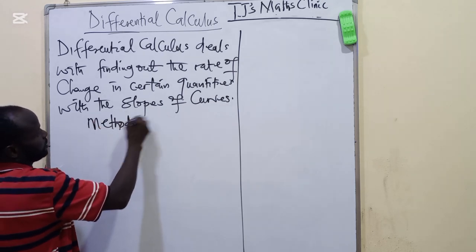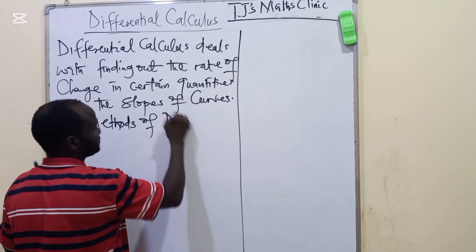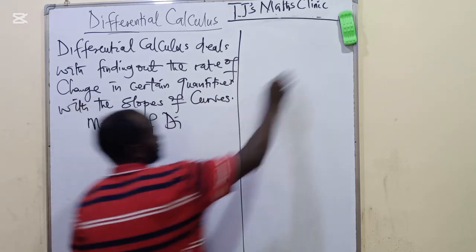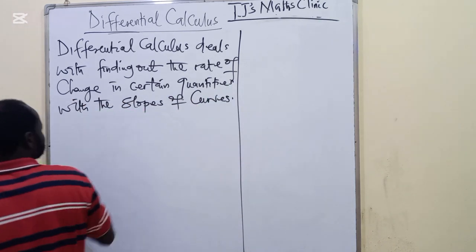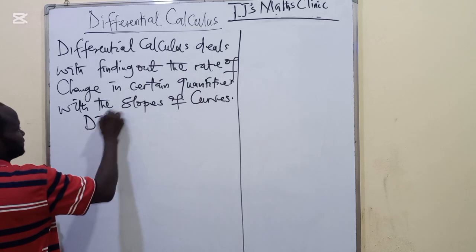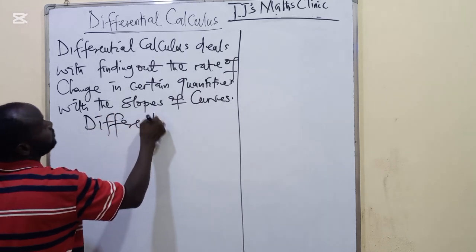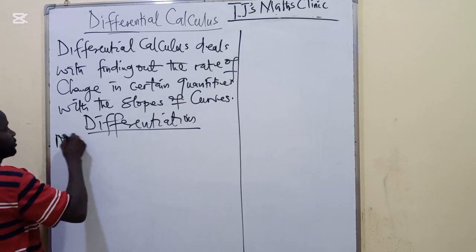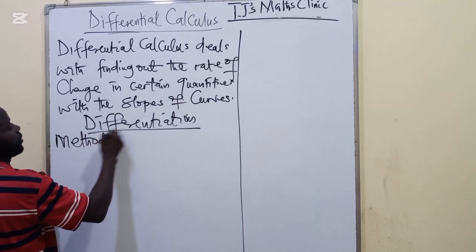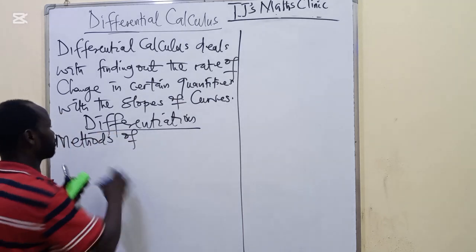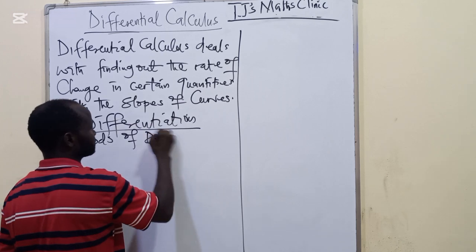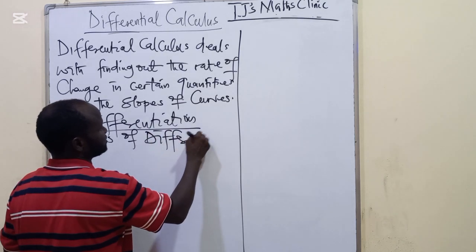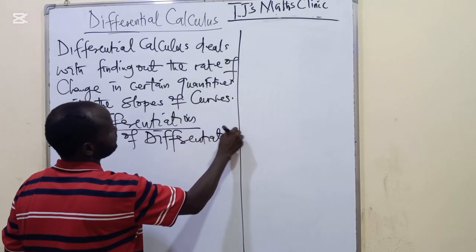Under differentiation, we'll be looking at the methods, or they call it rules of differentiation. They mean the same thing, method or rules of differentiation.